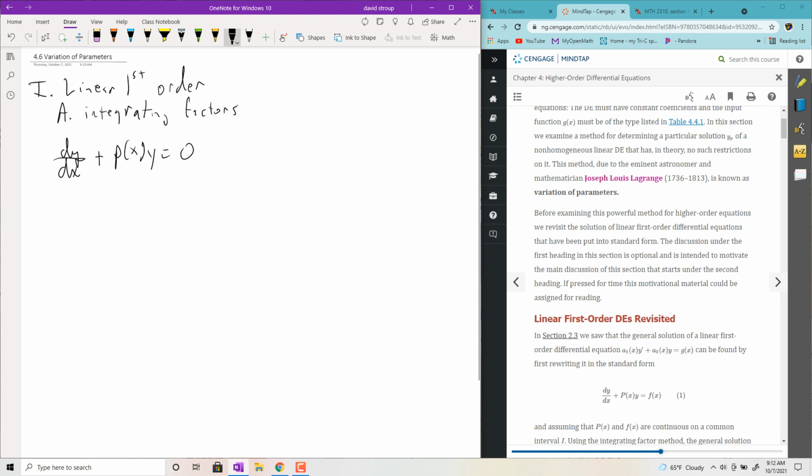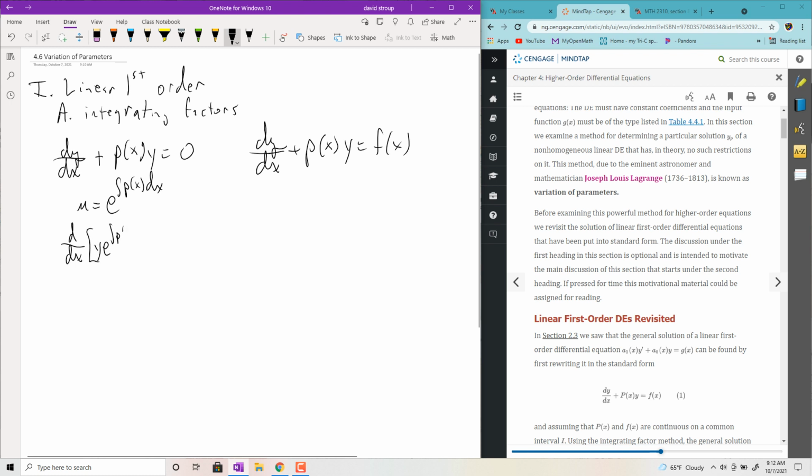So here's the homogeneous version, here's the non-homogeneous version. Okay, so integrating factor, we're going to just leave it abstract, so use mu equals e to the integral of p of x dx. Multiply through by mu, collapse the left side, you get the derivative with respect to x of y times e to the integral of p of x dx.